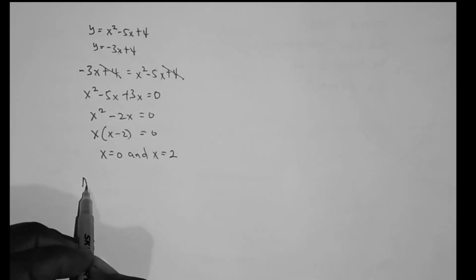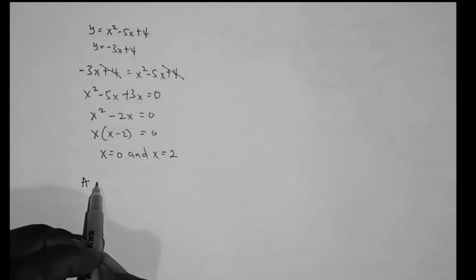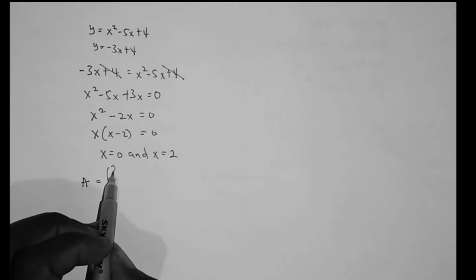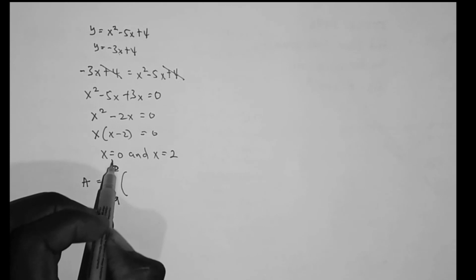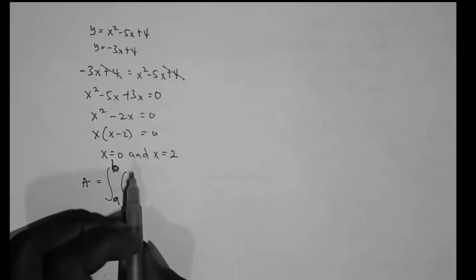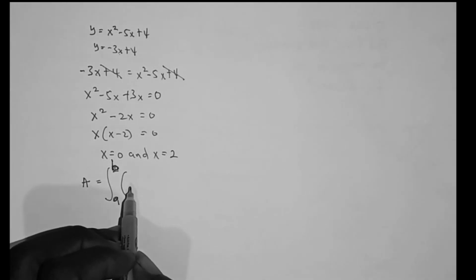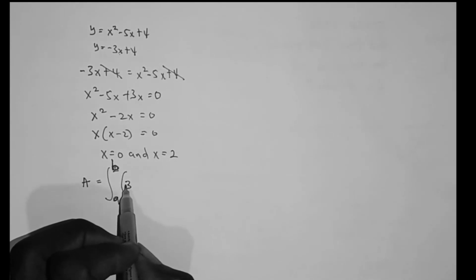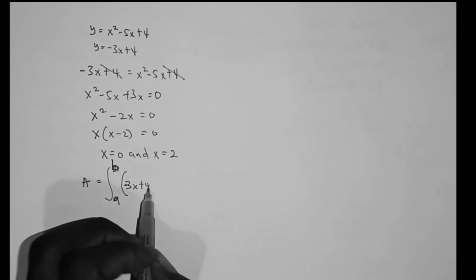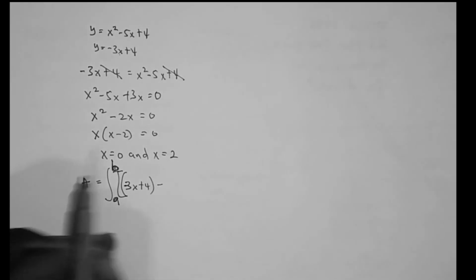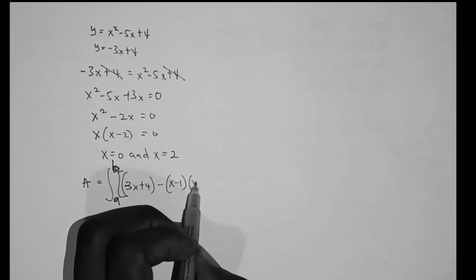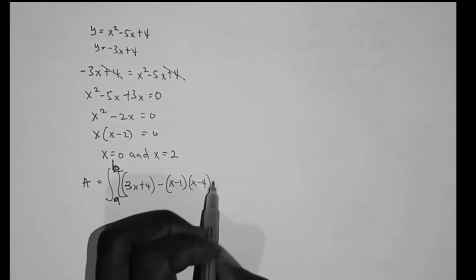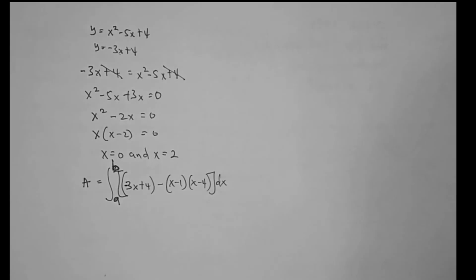So the area becomes A equals integral from 0 to 2 of, so originally we wrote area as the integral from a to b of the straight line, which is minus 3x plus 4, minus x minus 1 then x minus 4, dx.